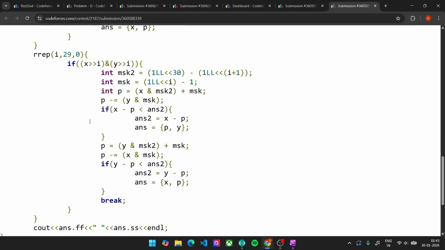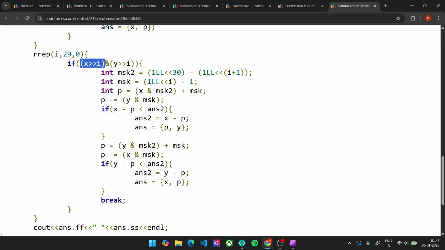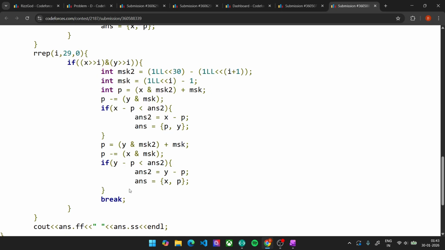And the other way to do the operation was to decrease. So for the first index where my bitwise AND is non-zero, I am taking this mask. This mask is just all the ones after the ith bit, all the bits are set.